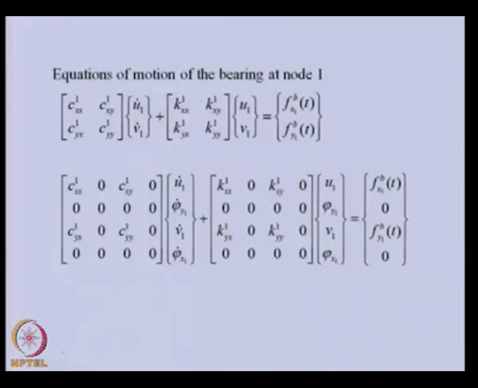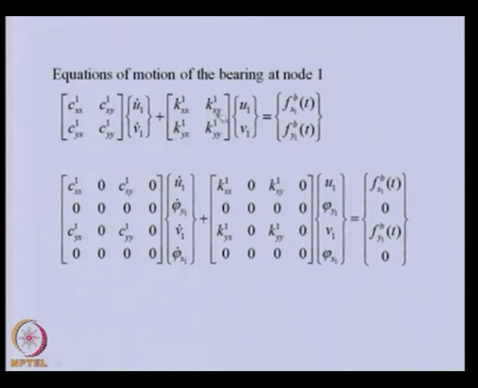So, now let us take the bearing model. Earlier we know that the bearing fluid film forces in horizontal and vertical direction for one of the bearings, we can express like this, where these are the stiffness and damping properties of the bearing.